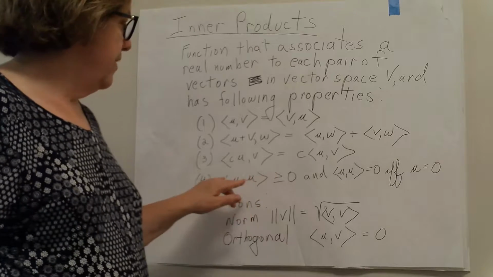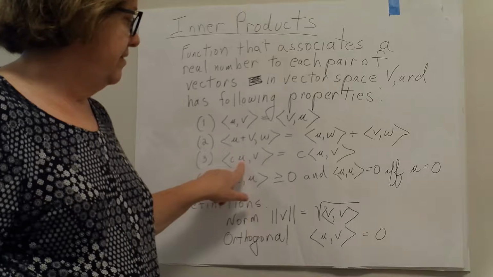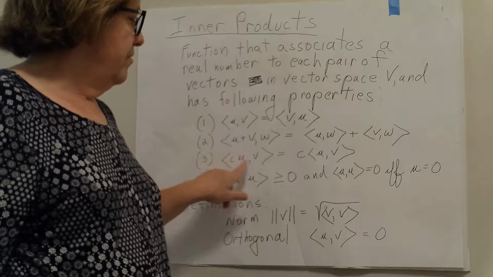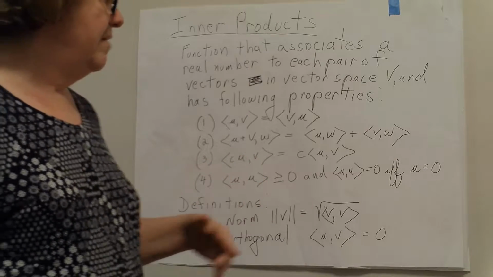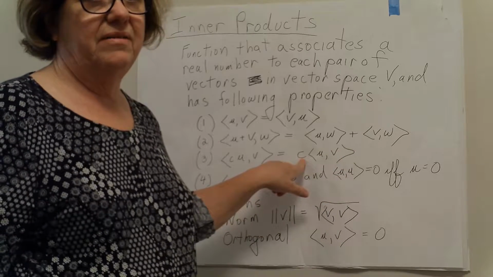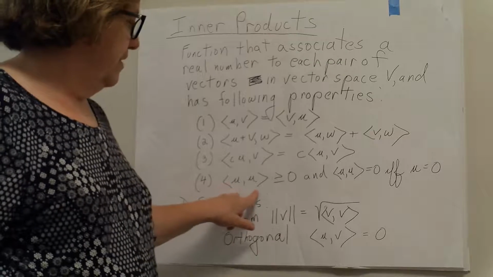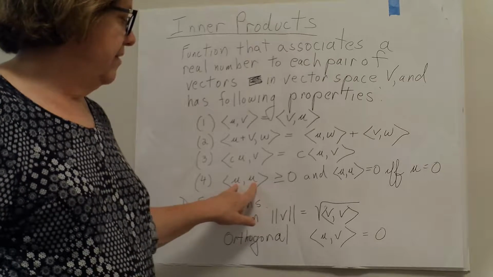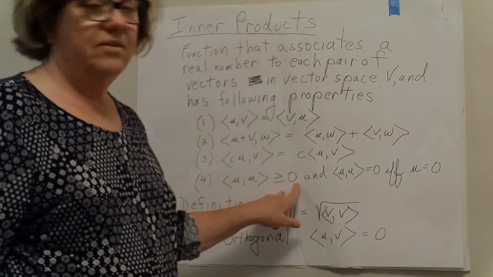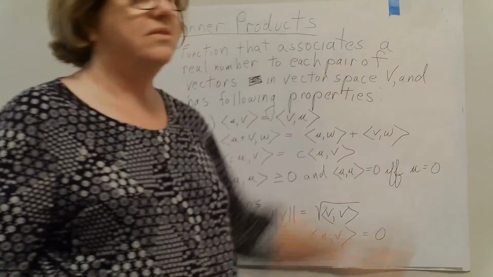If we take the inner product of a real number scalar c times vector u with v, it's the same as doing the inner product of u and v and then multiplying by c. The last property is if we take the inner product of a vector with itself, then that's going to be greater than or equal to 0, and it's going to be 0 if and only if the vector is actually 0.